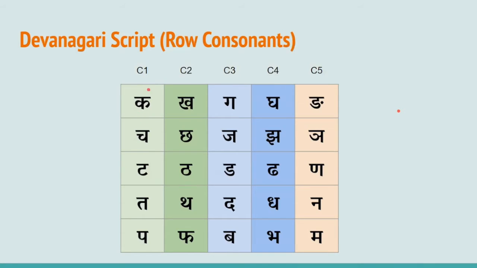So C1, C3 and C5 require less effort. These are all the short consonants. They are called alpa pranas. When we do the ucharanam, less air comes out. Whereas C2 and C4 are the aspirated consonants.